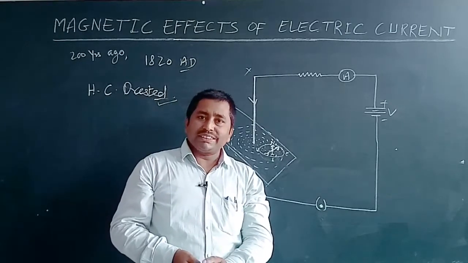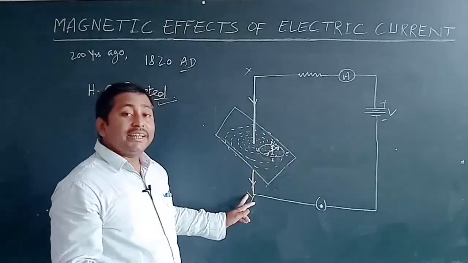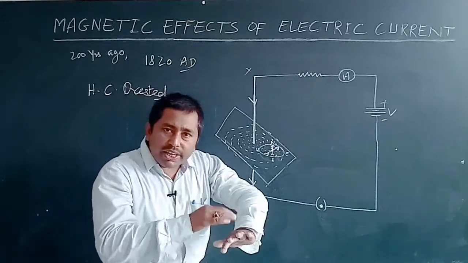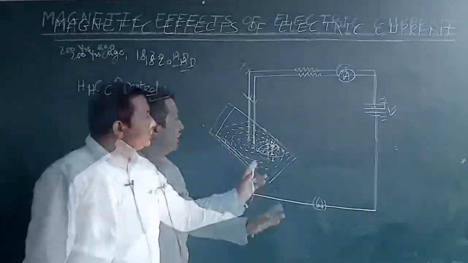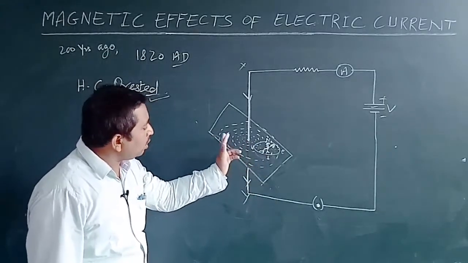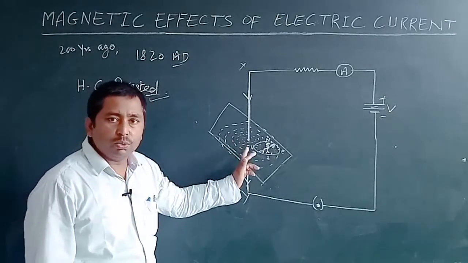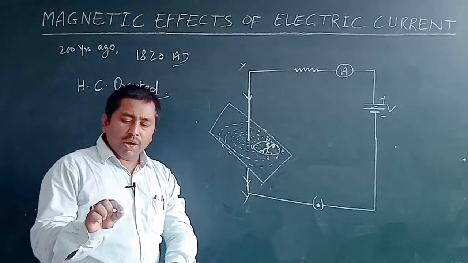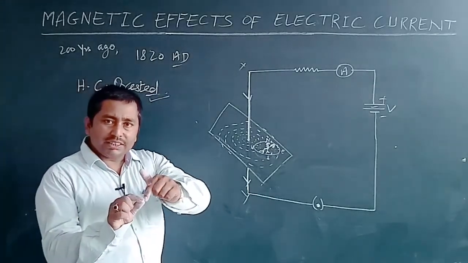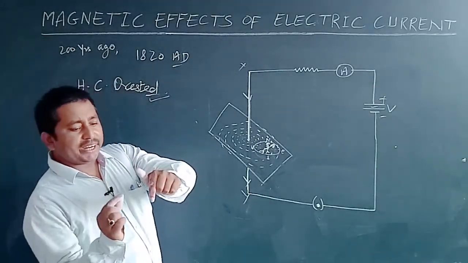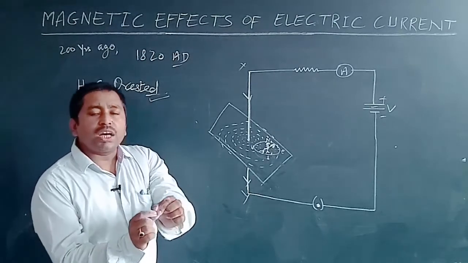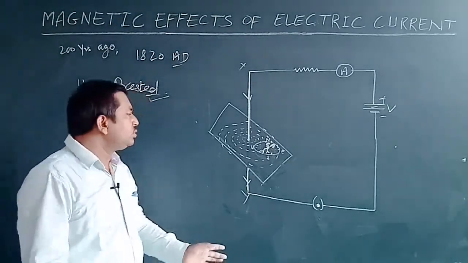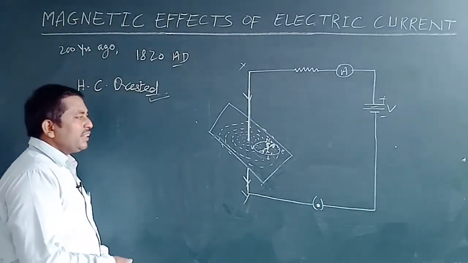So we can say that when there is a single wire and no other magnetic material, the direction of the magnetic field forms a circular closed loop. Closed loop means the initial point where the magnetic field starts and the final point where it ends are the same. So this is a simple experiment.